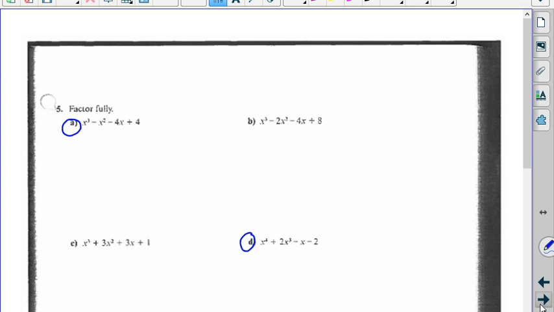You can have a quadratic factor. So this one, I guess, is 0. So what are the ones that you have?